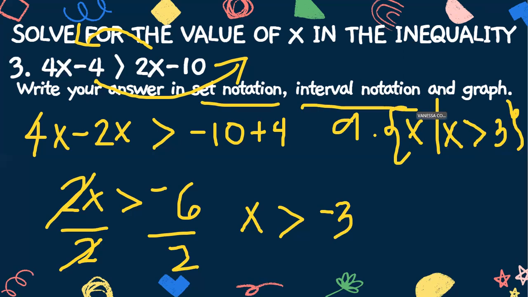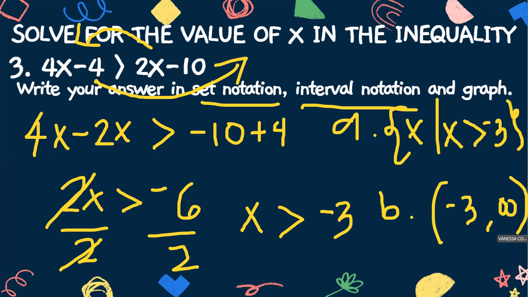For greater than, our value is negative 3. So letter B is the interval notation. Negative 3 comes first, and then our infinity sign, which is positive.